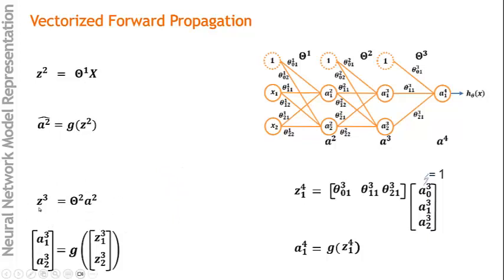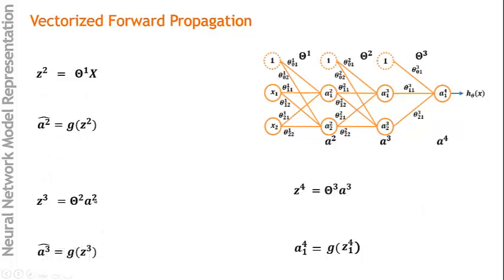Similarly, Z3, the linear combination into layer 3, is the matrix theta 2. Now that's not theta squared, it's theta 2. So you need to understand from the context whether the superscript is an exponent or whether it's indicating the layer. In this case, it's indicating the layer. And A2 also. This is the values at the nodes for layer 2. And then we continue this way.